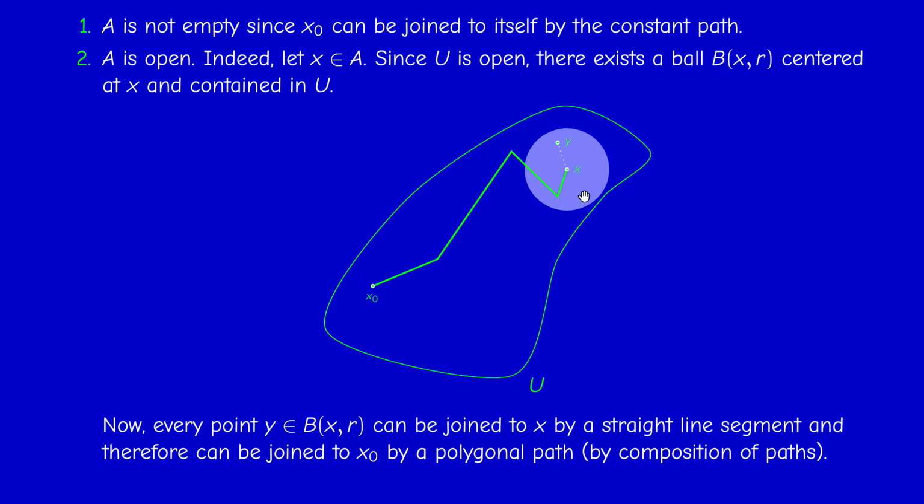Now, if y is a point in this light blue ball, we can join x and y with a straight line segment because the ball is convex. So how do we go from x0 to y? We go from x0 to x by a polygonal path and then by a straight line segment from x to y. Therefore, y can be joined to x0 by a polygonal path, and therefore y belongs to A. Therefore, the whole light blue ball is contained in A, and therefore A is open.